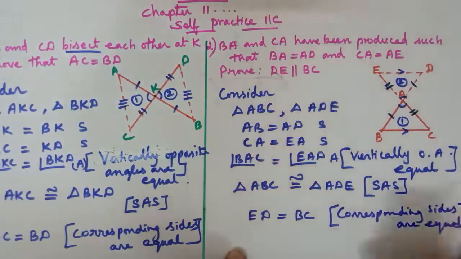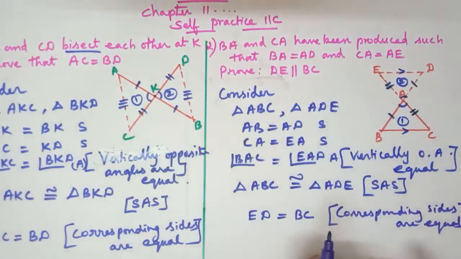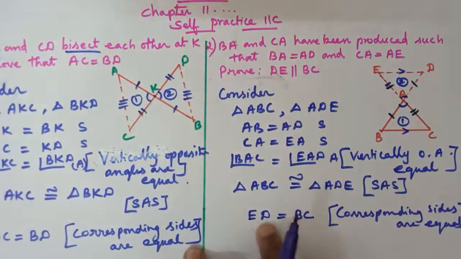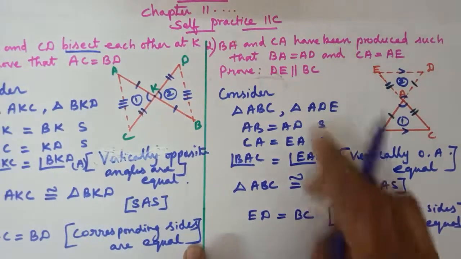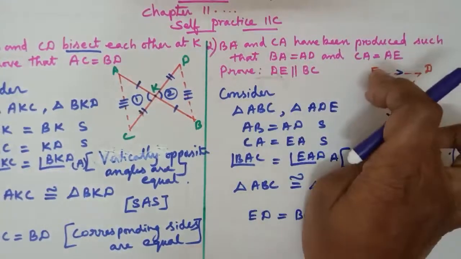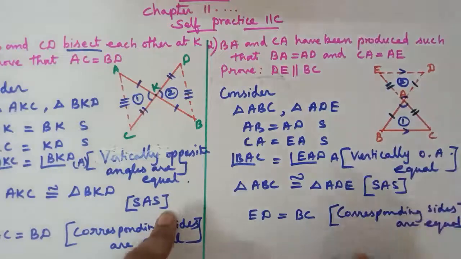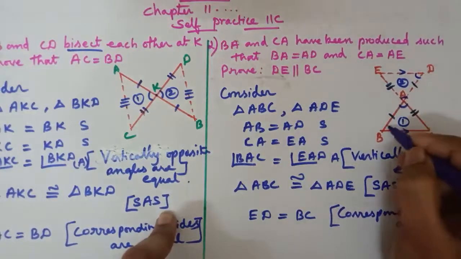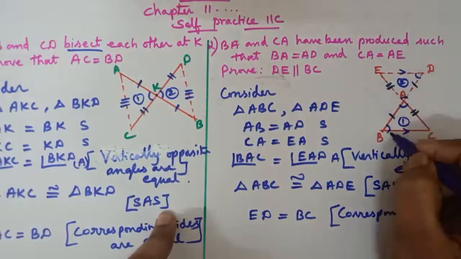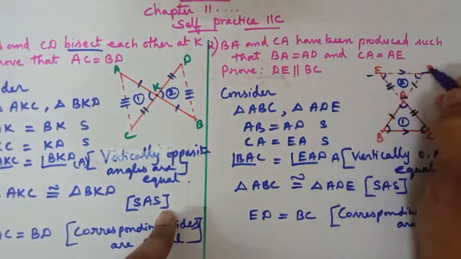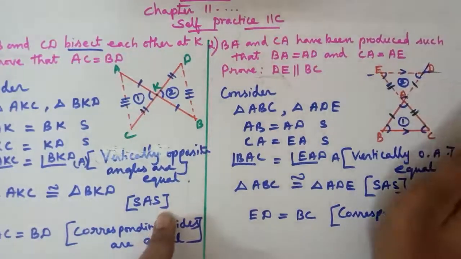Students listen, but we have to prove DE is parallel to BC. Here ED is equal to BC, but we have to prove DE is parallel to BC. How do you prove it? This angle is equal to this angle, and this angle is equal to this angle, because with parallel lines and a transversal, alternate interior angles are equal.